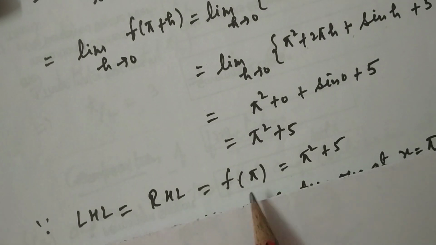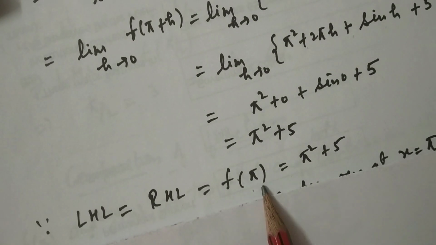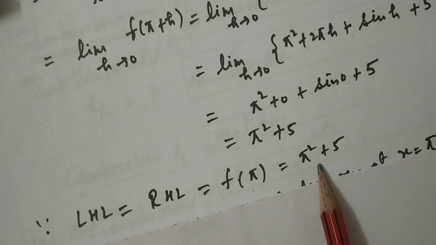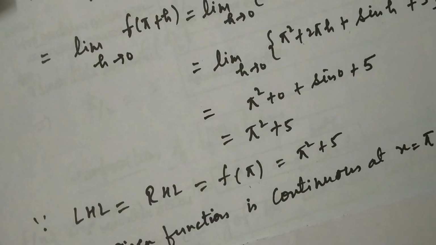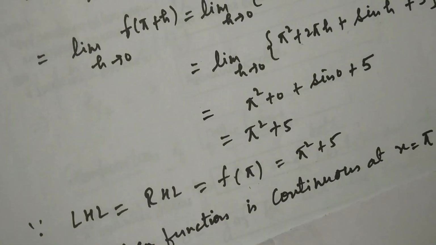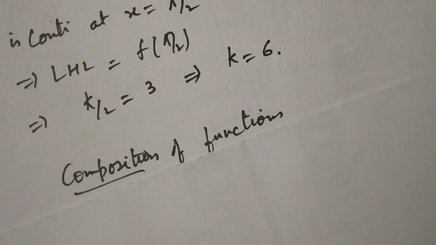So in this particular case, since my LHL is equal to RHL and it is the same as the value of the function at pi, which is pi square plus 5, hence the given function is continuous at x equals pi.